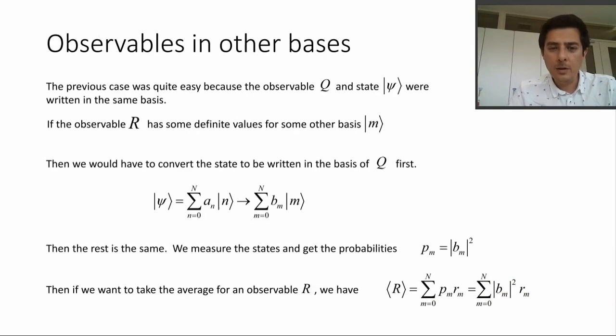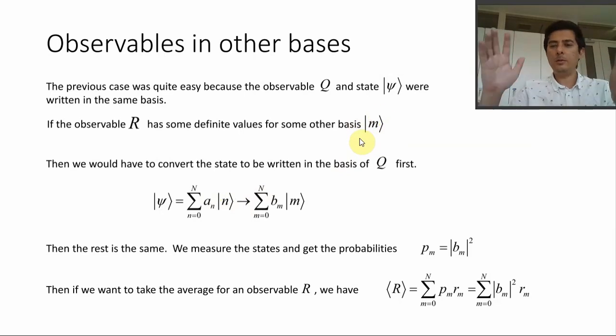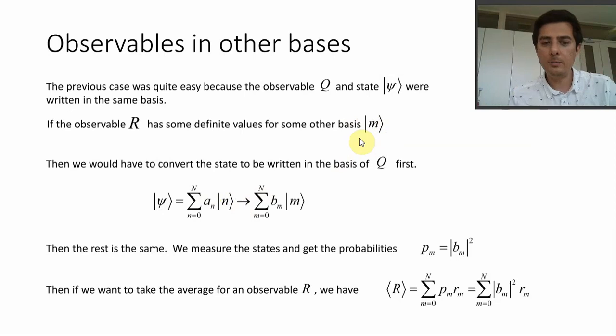what if this observable R didn't actually have the same kind of states as the way that we wrote this state? We learned before that there's an infinite number of ways that we can choose a basis, right?